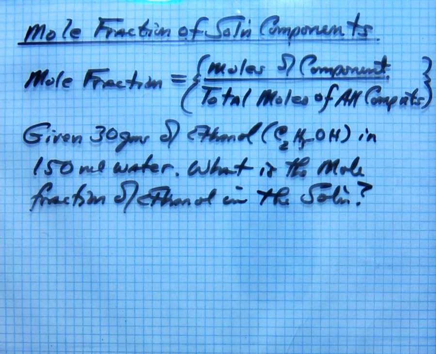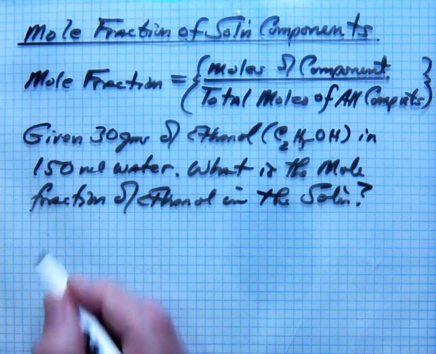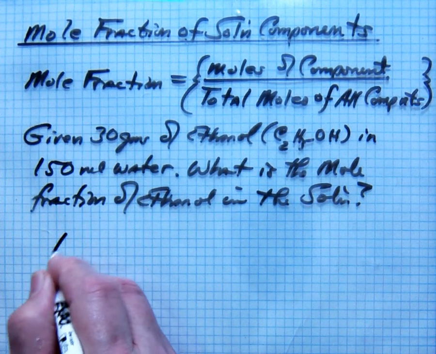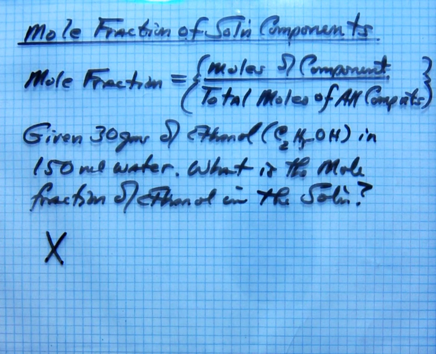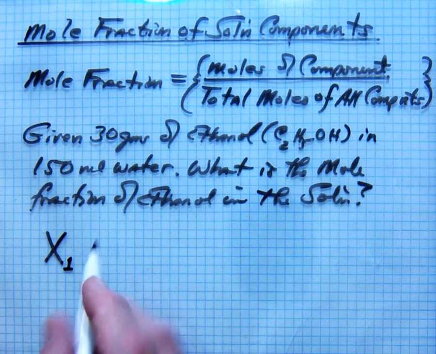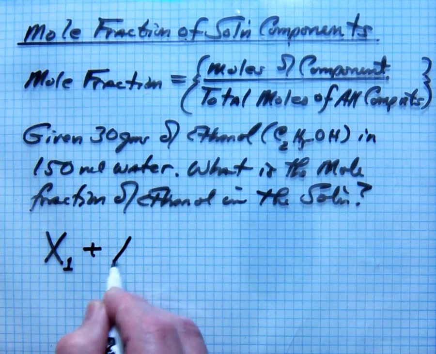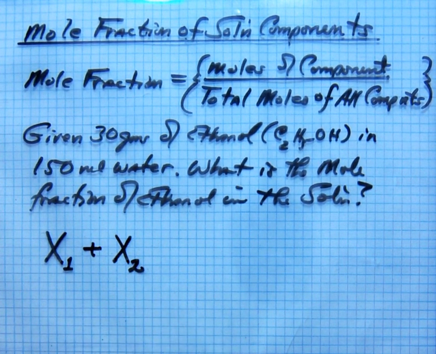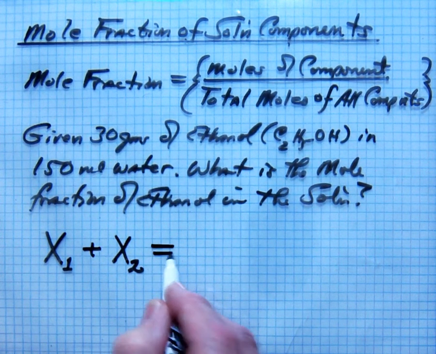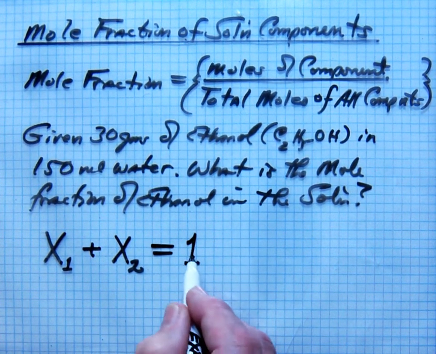One thing about mole fraction, when you put it all together, the symbology would be a capital X like this. That'd be the mole fraction of, say, component number 1, ethanol, plus the mole fraction of component number 2, which in this case would be a solvent, is equal to, and always equal to, 1.